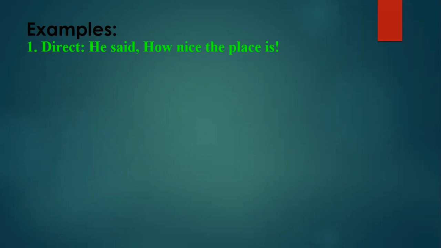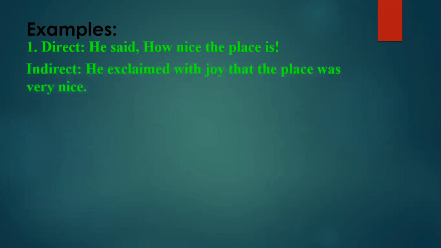What will be the indirect form? Here: he exclaimed with joy that the place was very nice. It is a matter of joy. So that's why we have to use exclaimed with joy. Okay, dear learners.